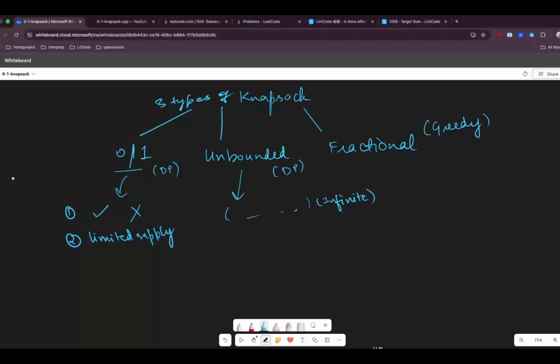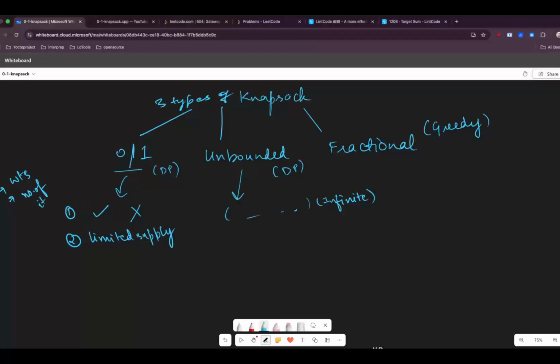Here you are given some weights. The standard thing we use is weights only, but maybe it could also be the quantity, the number of items. These are terms they use, like number of items also.